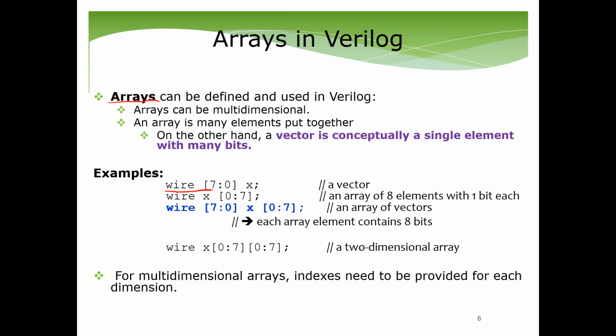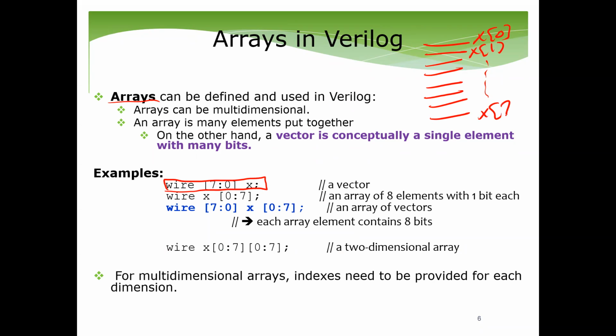So when we wrote wire [7:0] x, this is creating 8 wires. We have created 8 wires, and each wire will be called by an index, up to x[7]. But when we declare it like that, we call it a vector.